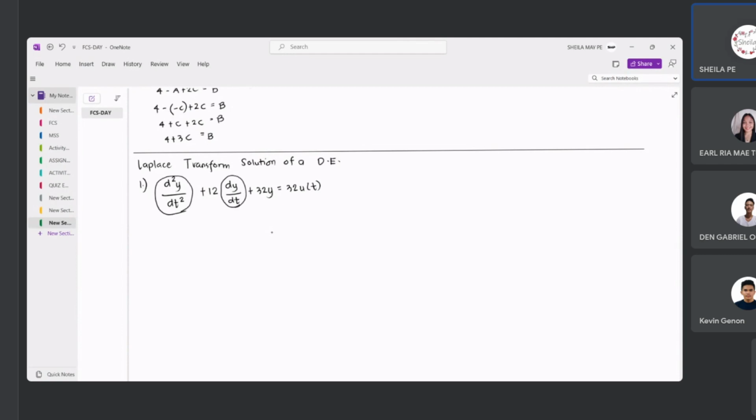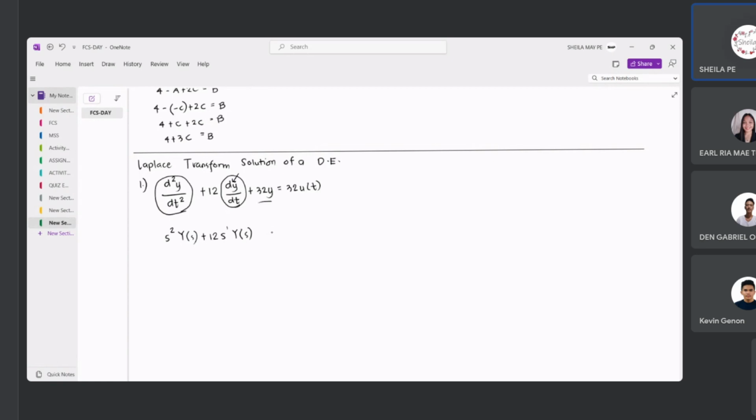So if you are given a second derivative, class, if you transform it into Laplace, it becomes s squared, with a small s. Now since this is in terms of y, this is y of s. Plus 12. Now that's the first derivative, so just s times y of s. If it were d squared x over dt squared, that would be x of s. It doesn't matter whether it's y or any variable.